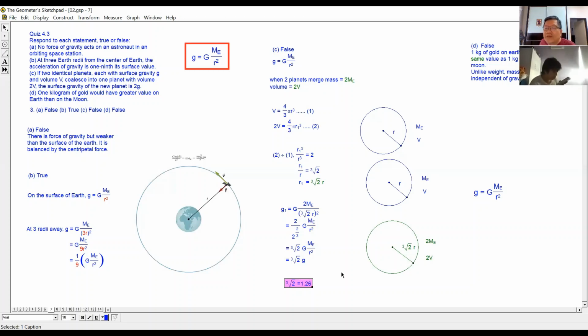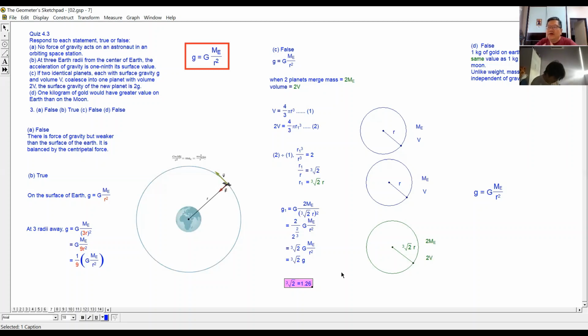What is the cube root of 2? Cube root is 2 to the power of 1/3.